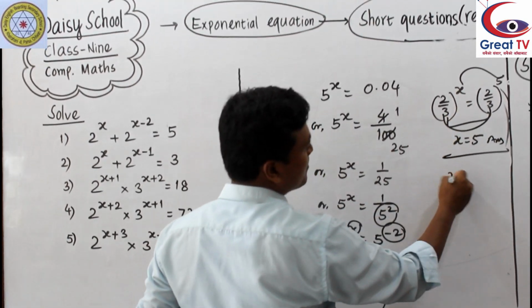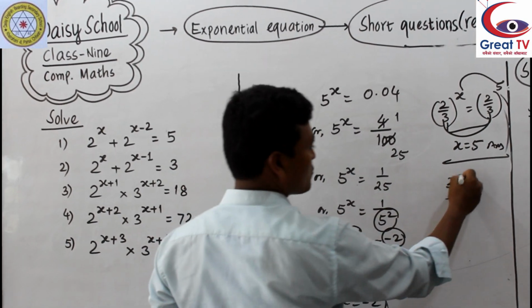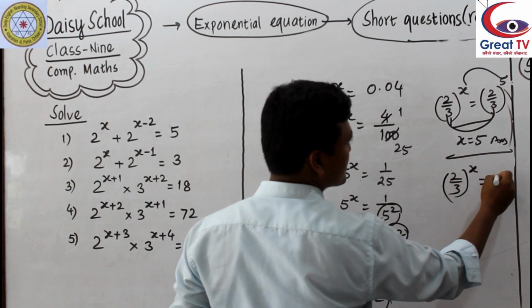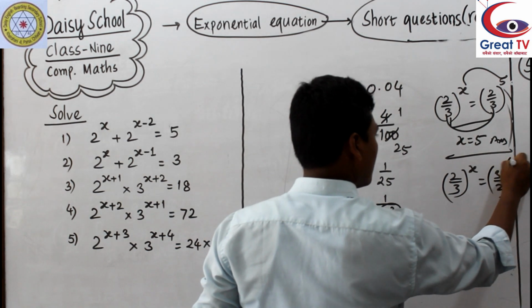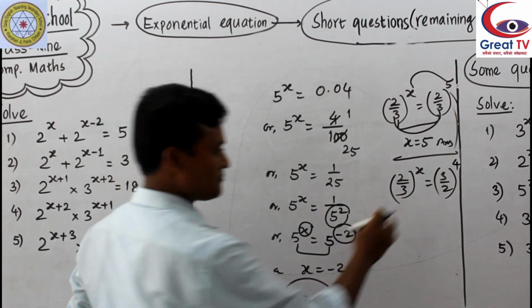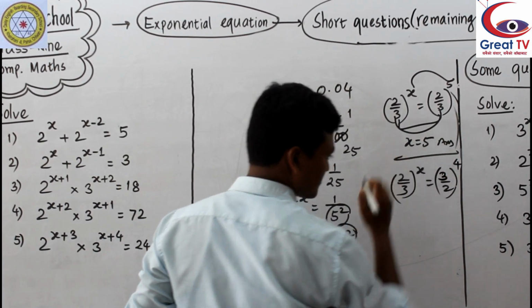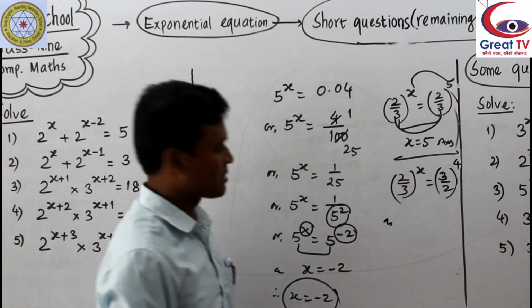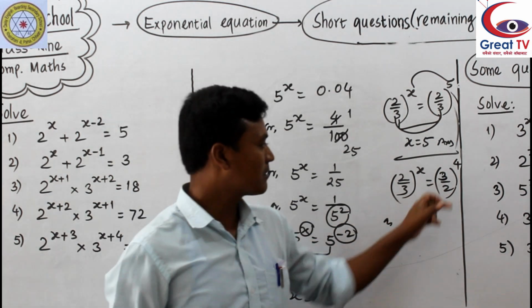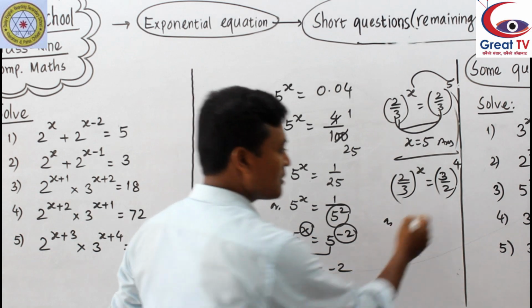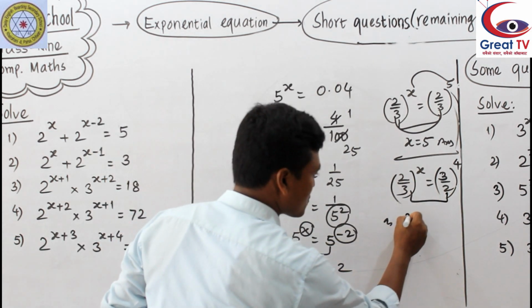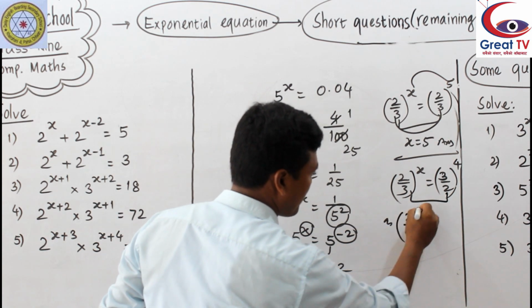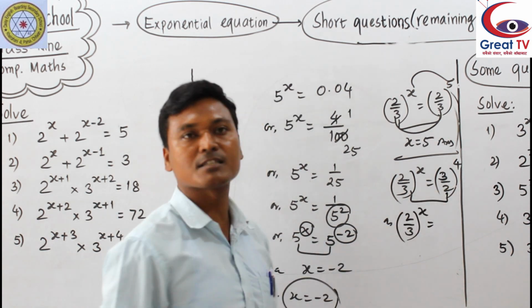But sometimes the same problem may be given this way: (2 by 3) whole power x equals (3 by 2) whole power 4. Check the bases. The left base is 2 upon 3. The right base is 3 by 2. Are the bases same? No. But we have one idea to make them same: just write the reciprocal of the base.